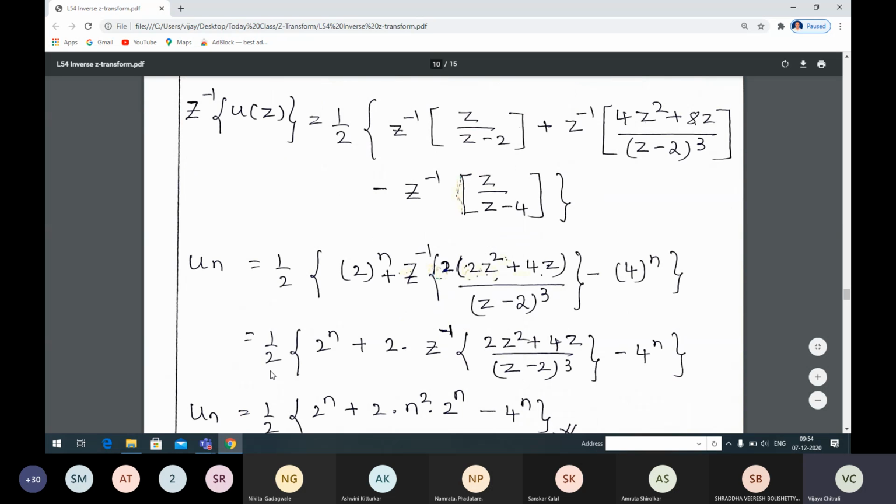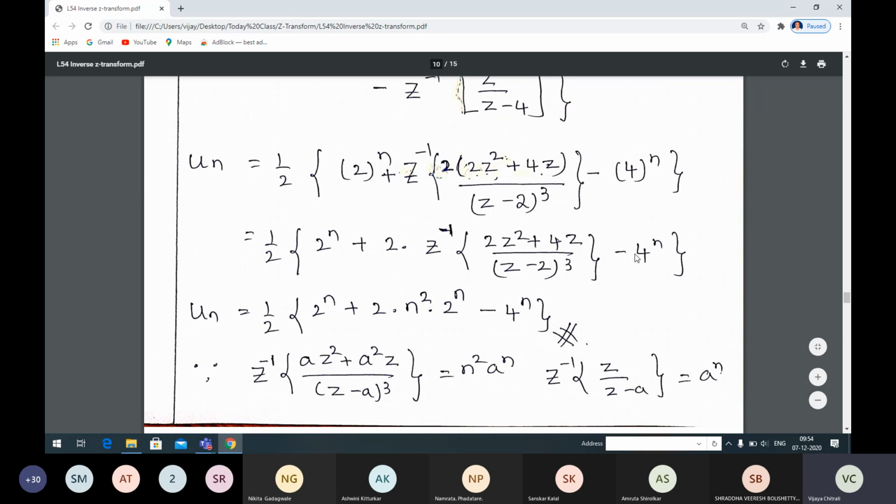Right. So this is equal to 1 by 2, 2^n plus 2 into this 2, right? This 2 into z inverse of (2z^2 + 4z) divided by (z − 2)^3, minus 4^n, right? This is no problem as it is. This 2 is also as it is. So this is nothing but n^2 into a^n; raised to 3 is there. In place of a, what we have here? 2.